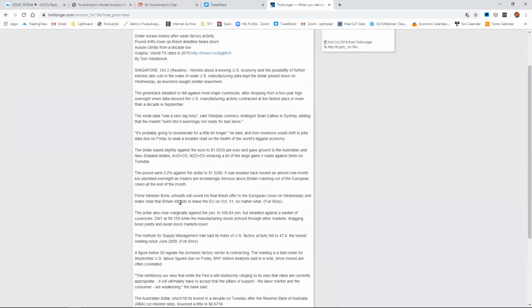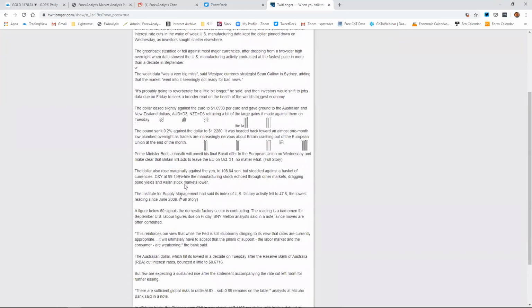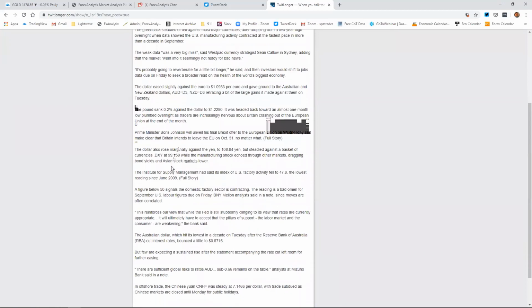British Prime Minister Boris Johnson will unveil his Brexit offer to the European Union on Wednesday and make clear that Britain intends to leave the EU on October the 31st, no matter what. The dollar also rose marginally against the yen to 108.84, but was steady against a basket of currencies, with the dollar index at 99.16, while the manufacturing shock echoed through other markets, dragging bond yields and Asian stock markets lower.